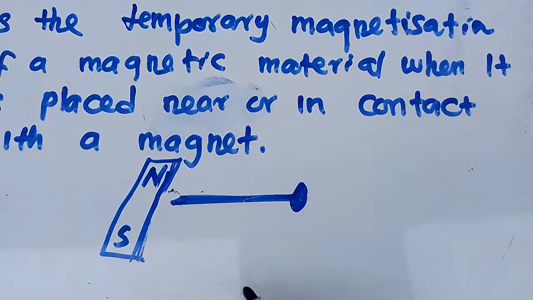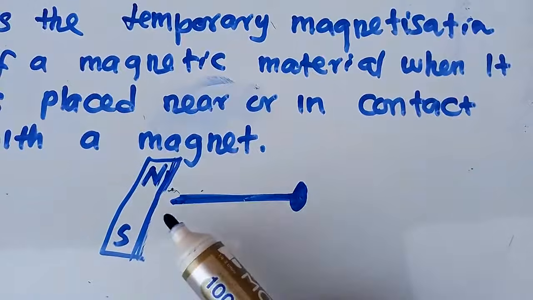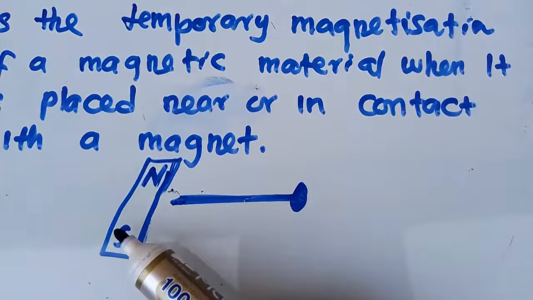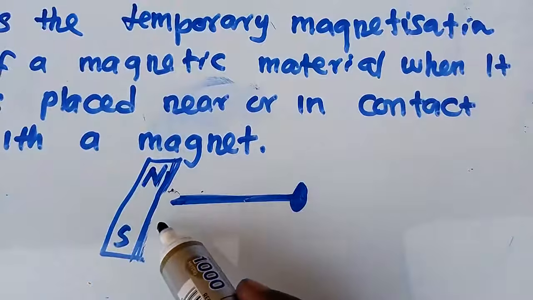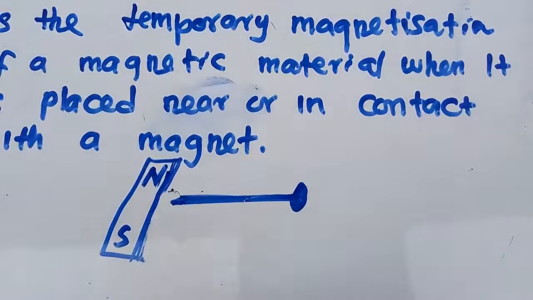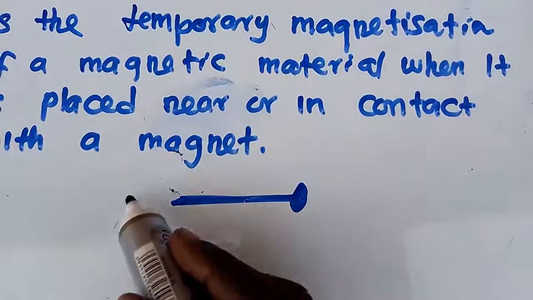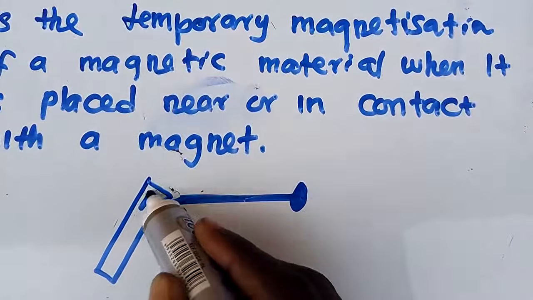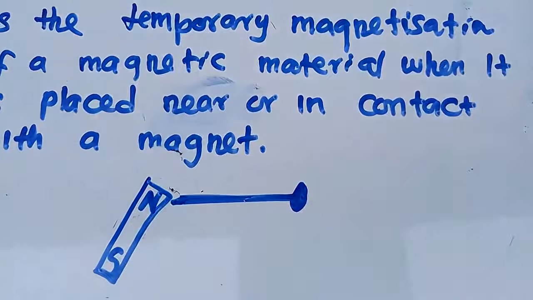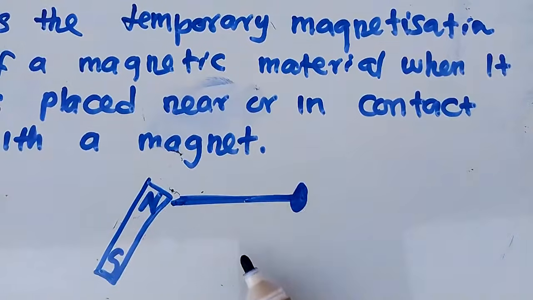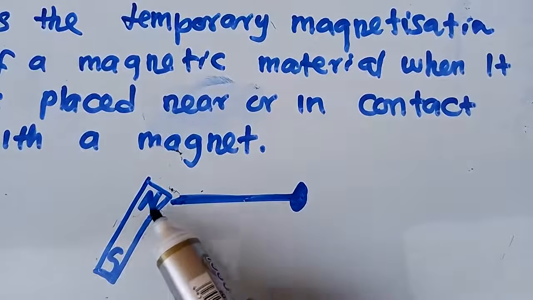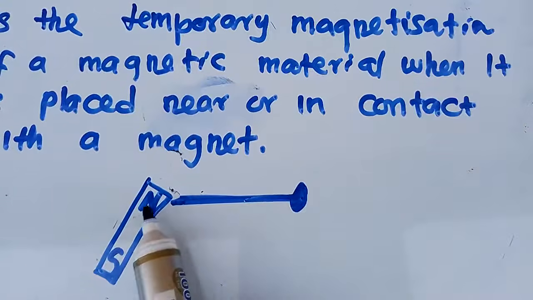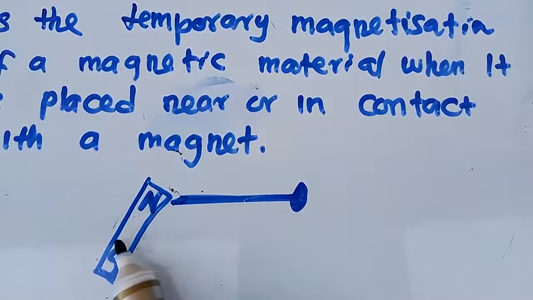So let's say that the end of this nail is connected to the North Pole of this magnet. Just to make everyone understand, here we've got the North Pole, there we've got the South Pole. The end of this nail is nearer to the north pole of this magnet, which must be a permanent magnet.